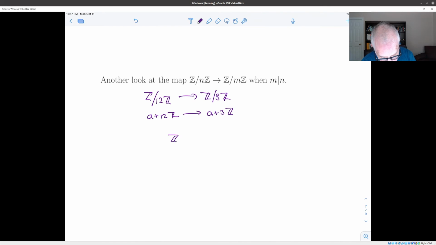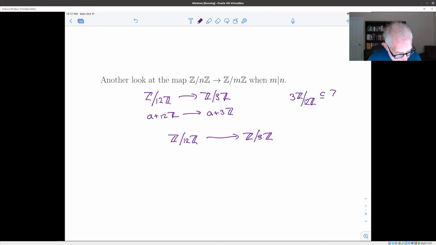What does the isomorphism theorem say? Well, what's the kernel of this map? If you're a number mod 12 and you become 0 when you reduce it mod 3, that means you're a multiple of 3, right? So the kernel of this map is 3Z mod 12Z, which is a subset of Z mod 12Z. And this is the kernel of psi.